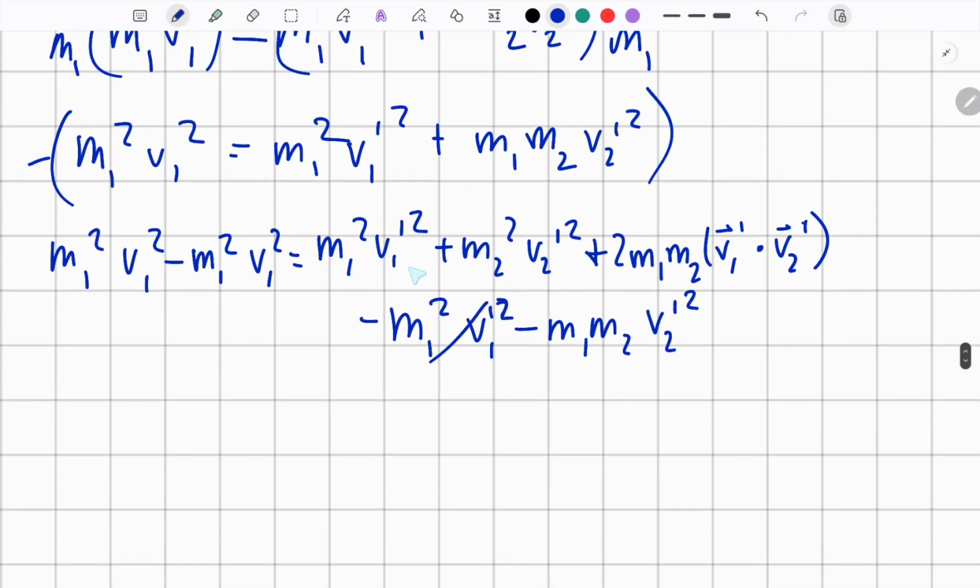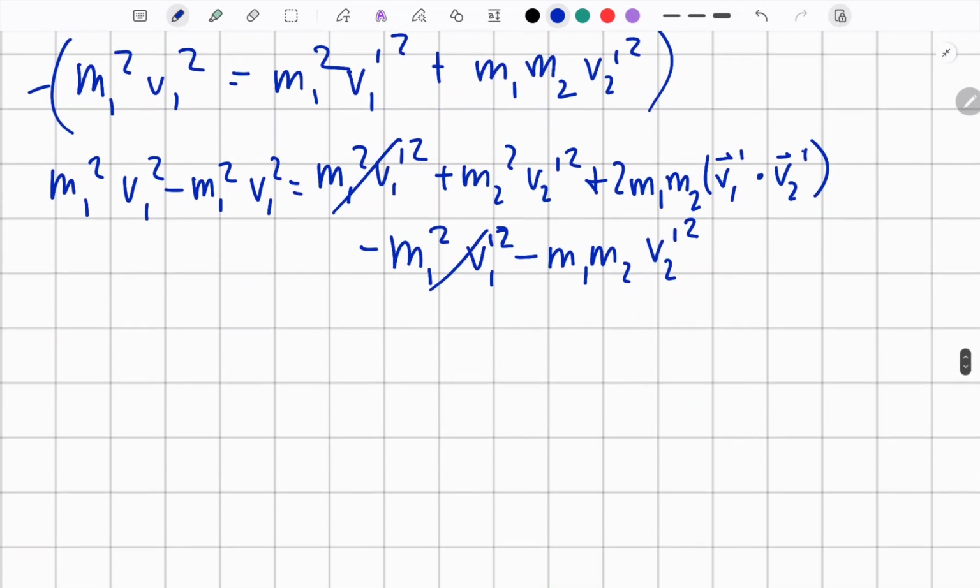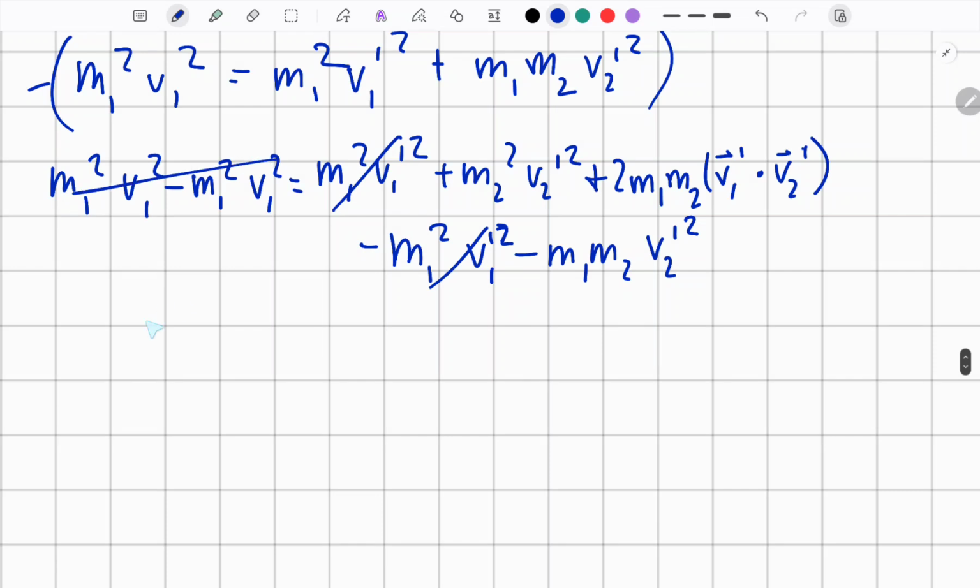You notice these are going to go away on the right hand side. These are going to go to 0. So you have 0 equals m2 squared v2 prime squared.